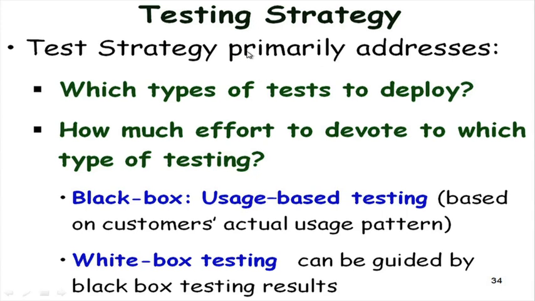So, we will have many test strategies. Each strategy is actually a bug filter, and we need many of these strategies. During test planning, we decide which types of tests, which strategies to deploy, and how much effort to give to each strategy.